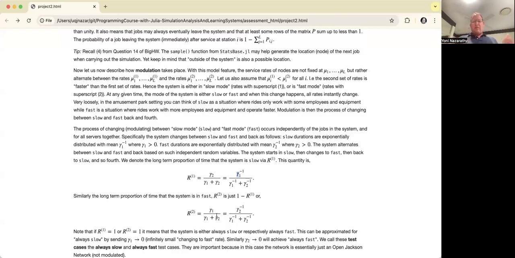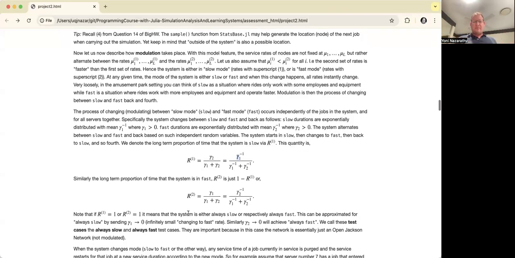So the sum of R superscript 1 and R superscript 2 is 1, and so the system is in long-term proportion slow and fast.